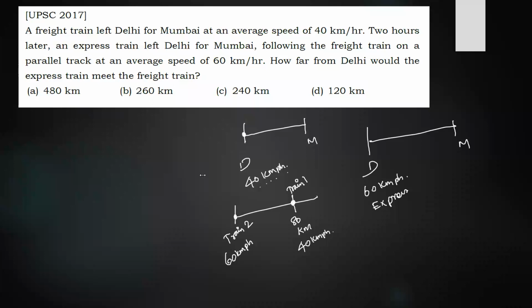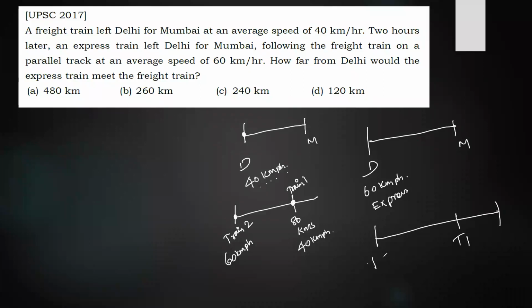This is train 1. But train 1 now only going to start train 2, express train, the high speed of 60 kilometer per hour. Is it clear or not? Someone asked a doubt, right?